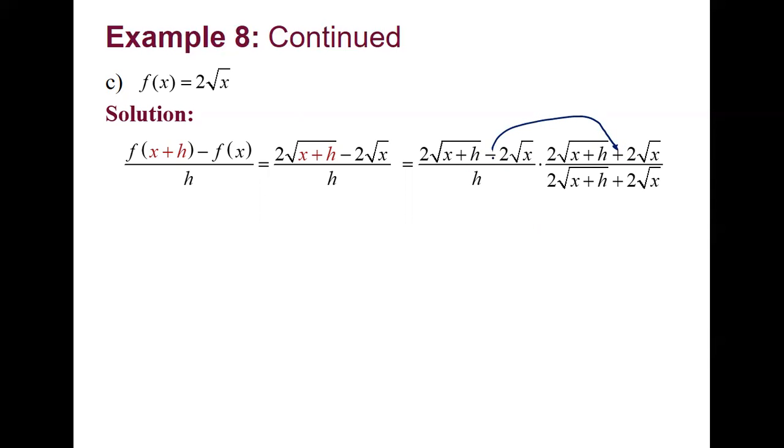So the conjugate of this is to add. If I multiply the numerator and denominator by the same thing, am I affecting that problem? No, I'm just manipulating the problem because anything divided by itself is one. Okay, so I'm manipulating the problem, and now I would go through and multiply.